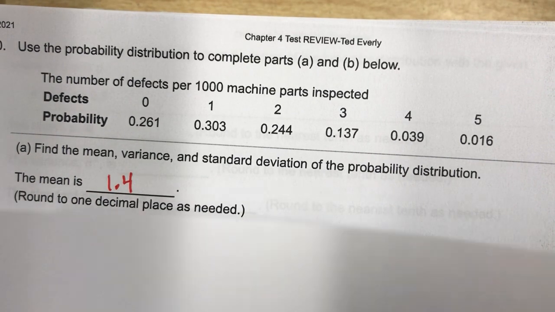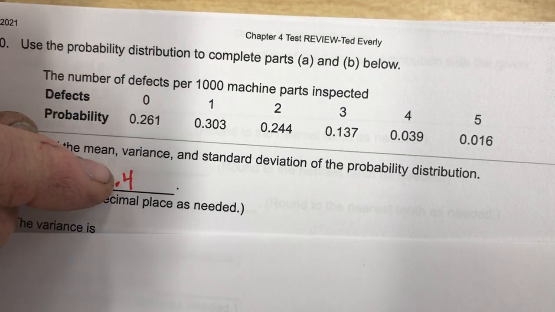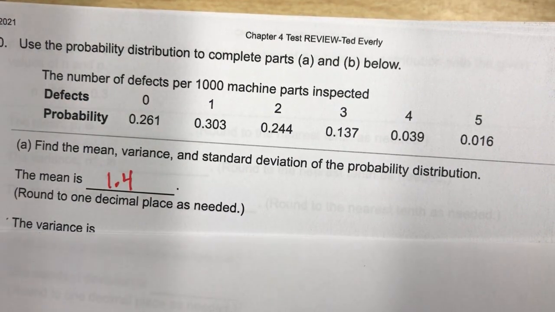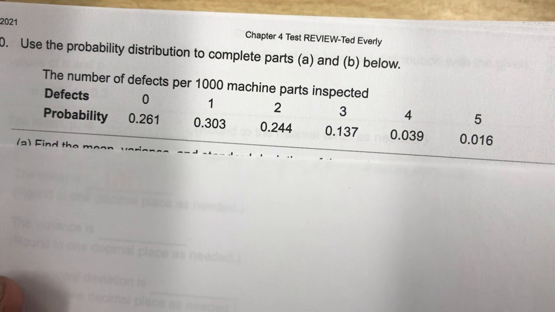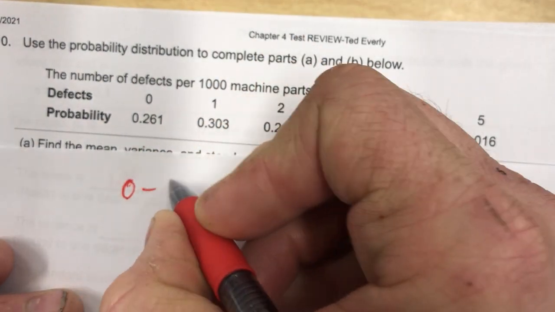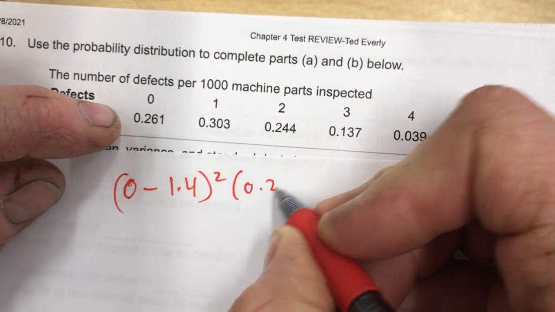All right, the variance. Now the variance, I gotta do 0 minus this, square it, and then times it by that. Okay, so let me write it down. 1.4, I'm gonna do 0 minus 1.4, square it, and then times it by 0.261.